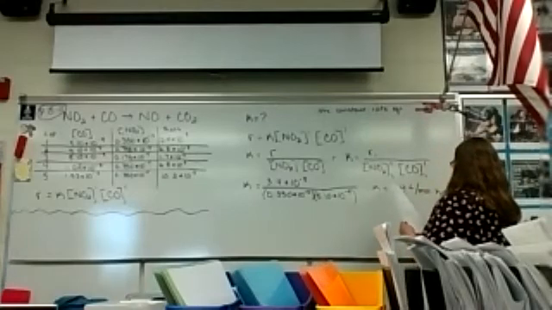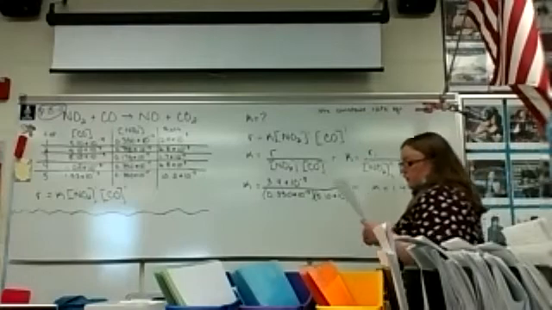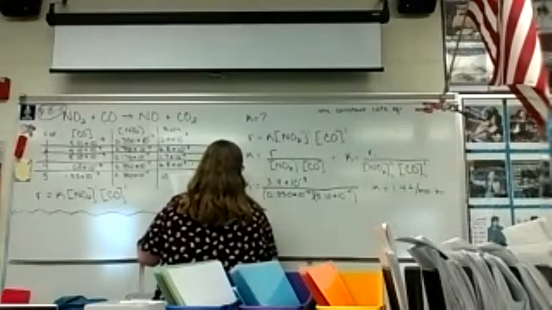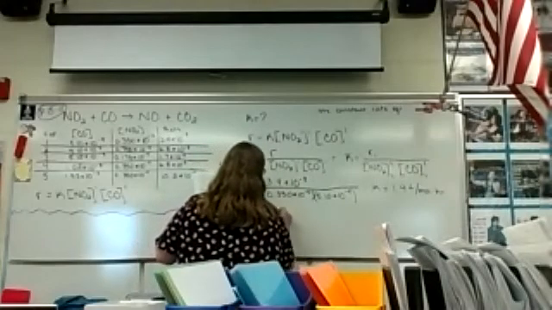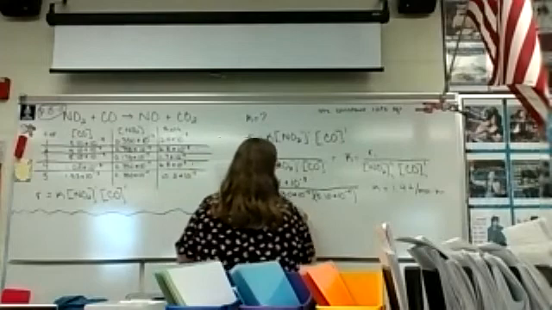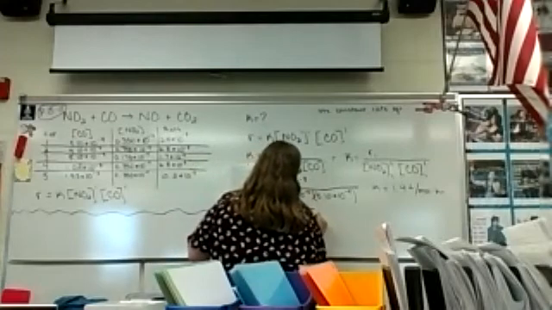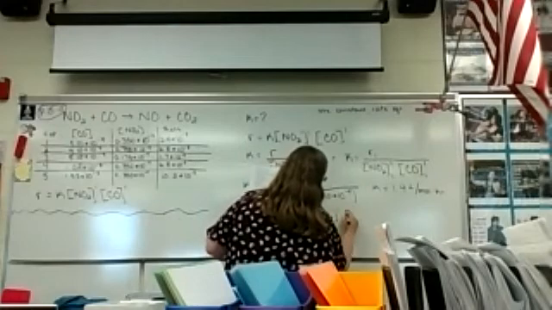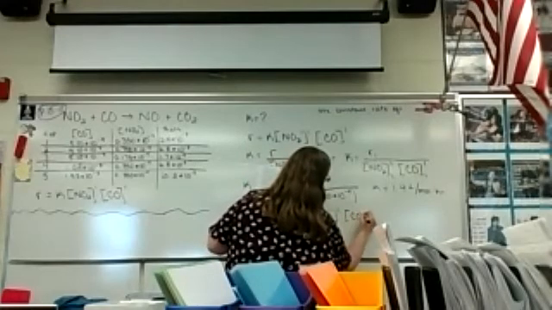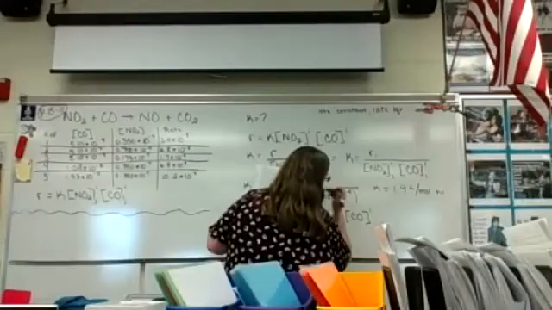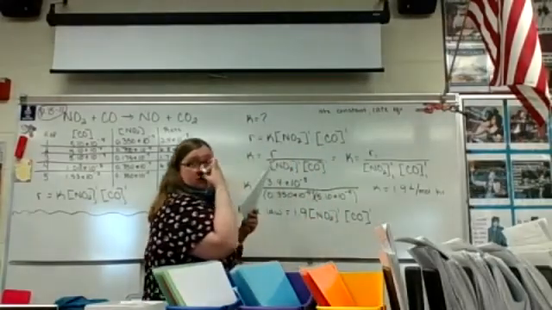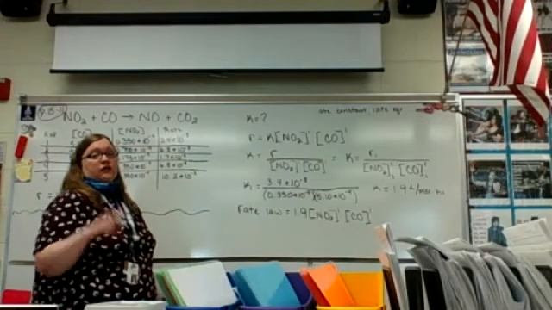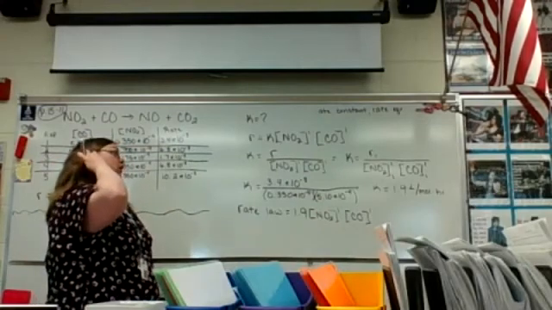Therefore, the rate law is going to be 1.9 times the concentration of NO2 to the first times the concentration of CO to the first. Now the rest is super easy.